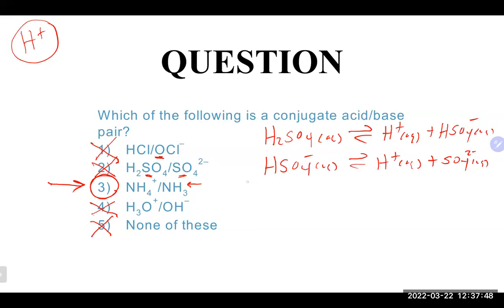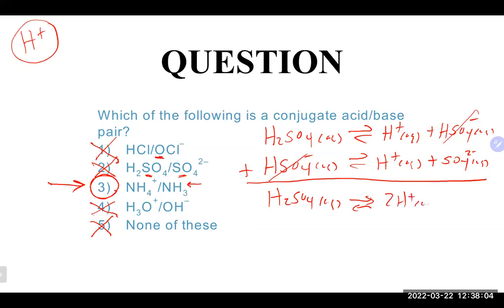When you think about it from Chem 50, what you actually see most of the time is the overall reaction of adding these together. This and this cancel, and that leaves you H2SO4 goes to 2 H+ and sulfate. So a lot of times earlier on, you would look at it as the overall reaction, but as the hydrogens are coming off, it's actually a 2-step process.